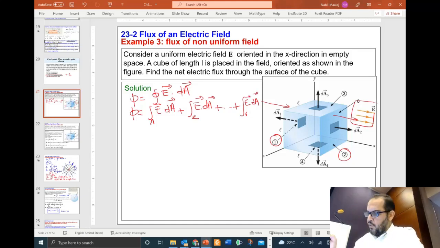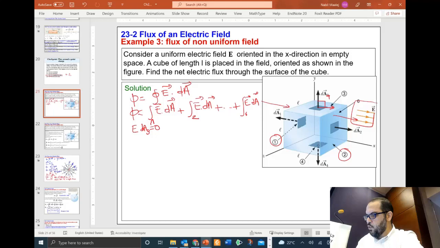First of all, notice that for area 3, the electric field is like this, so it's tangential to the surface. It's perpendicular to the area vector. There is an angle of 90 degrees. So clearly, E dotted with dA3 is equal to 0.